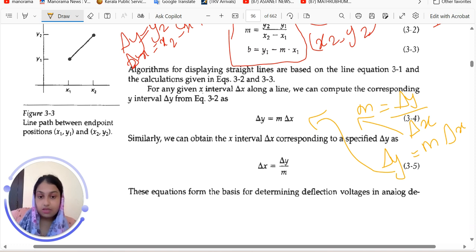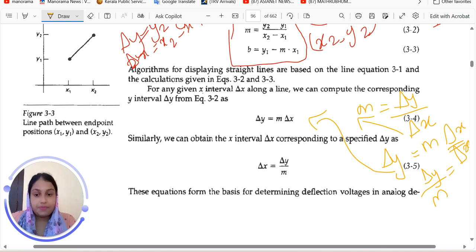Similarly, we can obtain the x interval delta x corresponding to a specified delta y. The m goes to the denominator, so delta y by m is delta x.